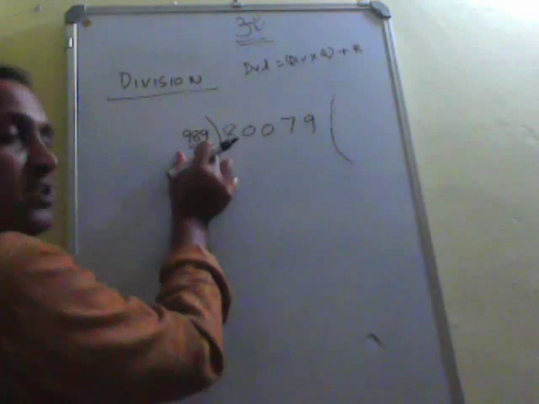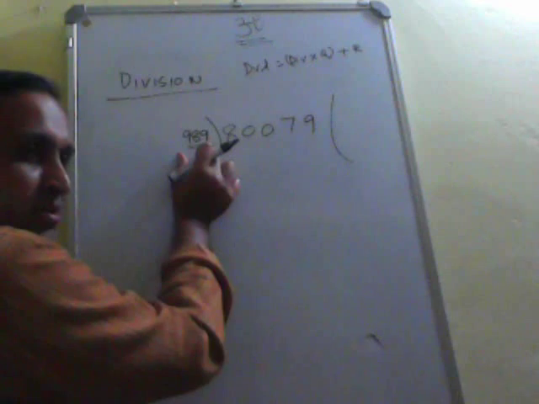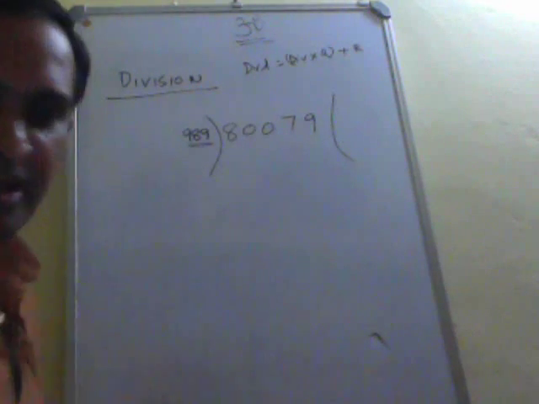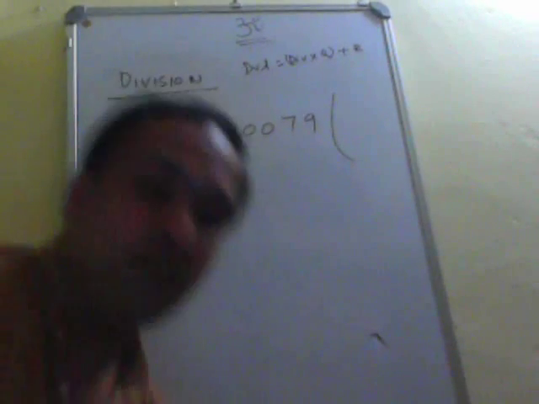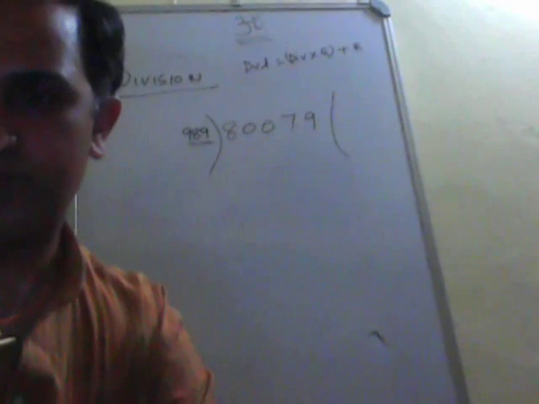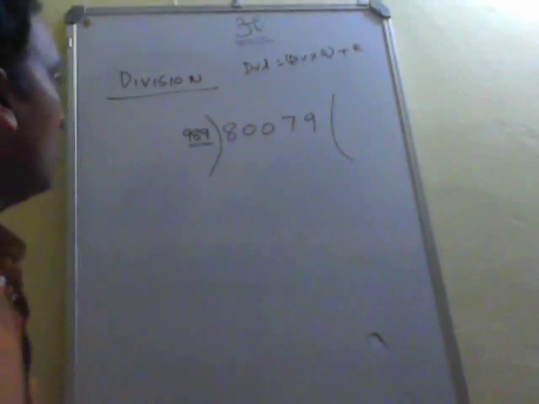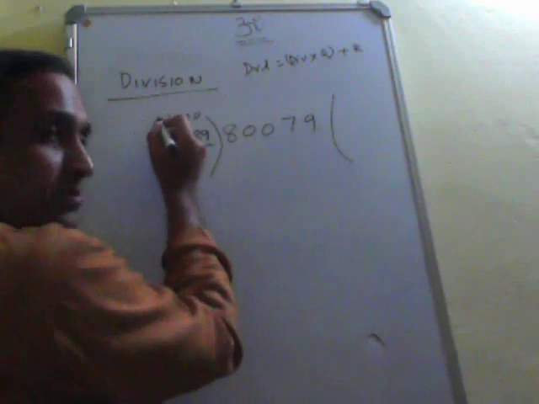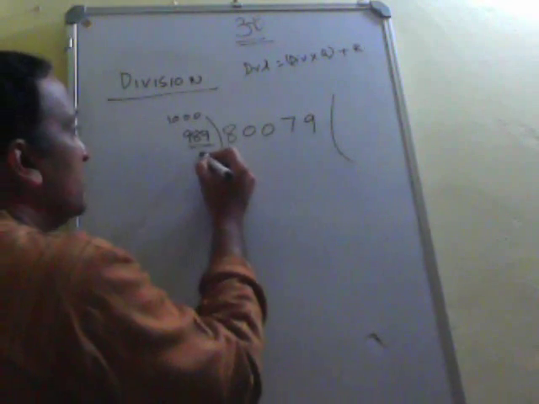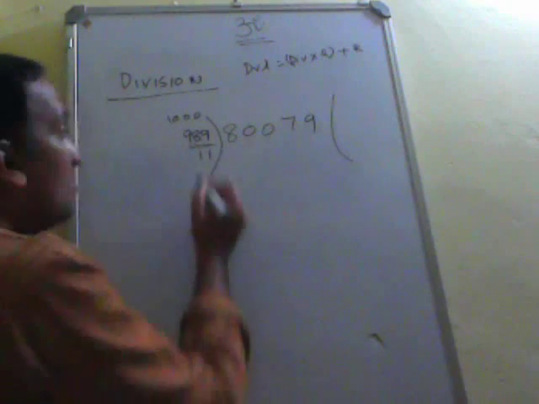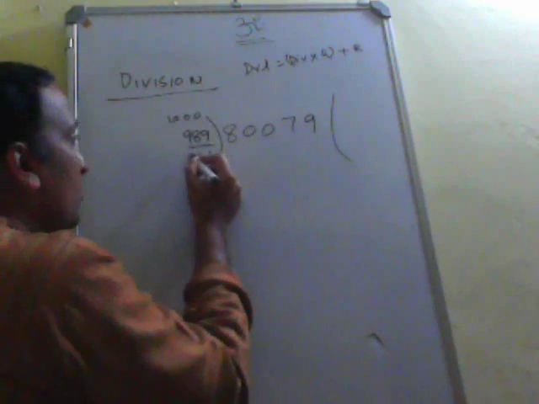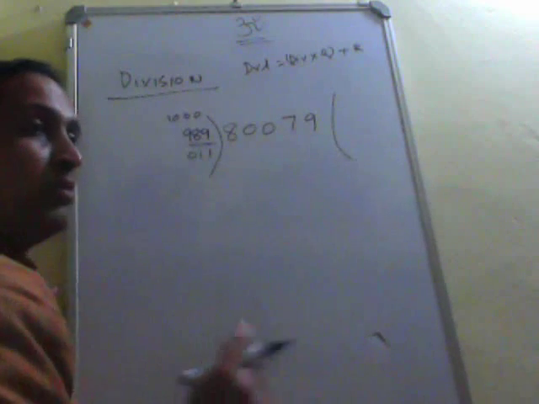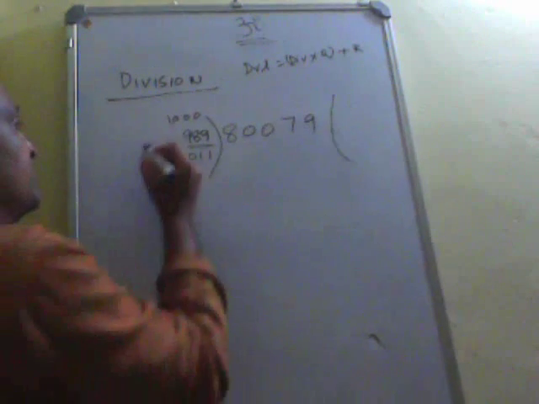This divisor is close to the base 1000. So I find something which is called a modified divisor. I will do 1000 minus this. This is my base. 1000 minus this is 11. But 3 zeros are there, so I make it 011. I now call it my modified divisor.